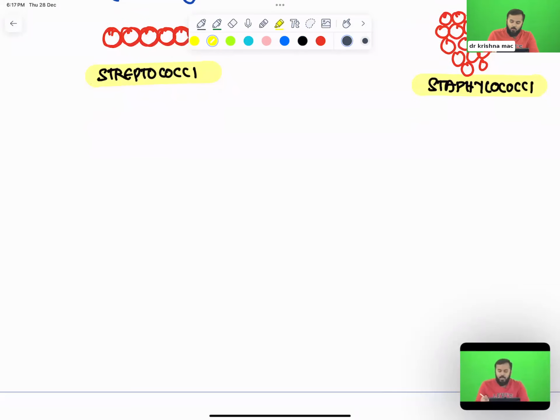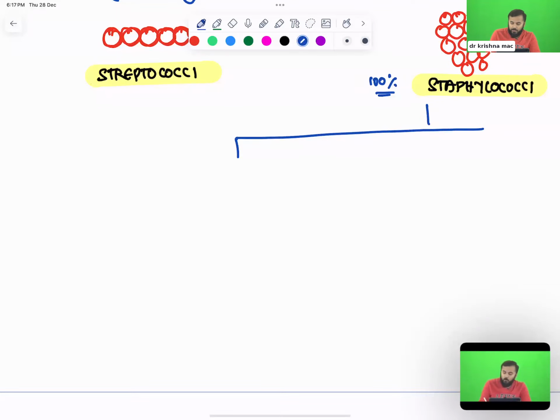Okay. Now, the most important and the exam asking question, definitely this question is going to come in your exam. 100% this question will come. So far, there is no year where they did not repeat this question. Okay. So what is the important question is that this particular staphylococci is divided into two parts.